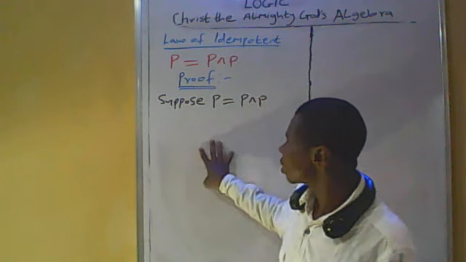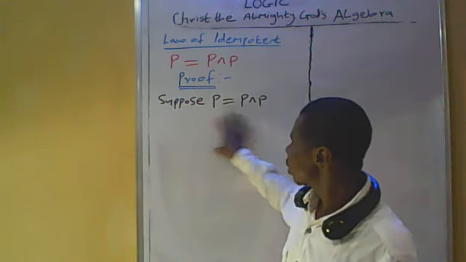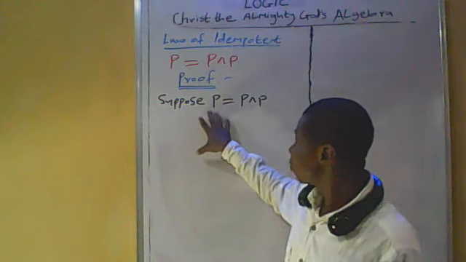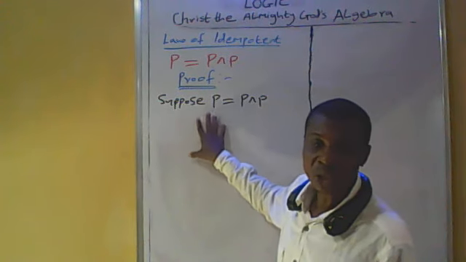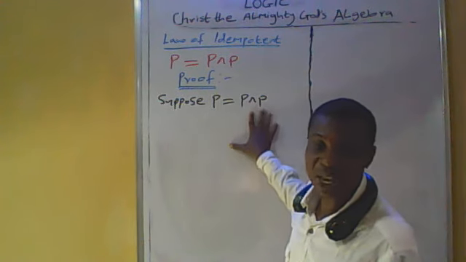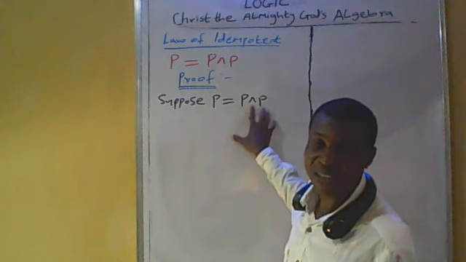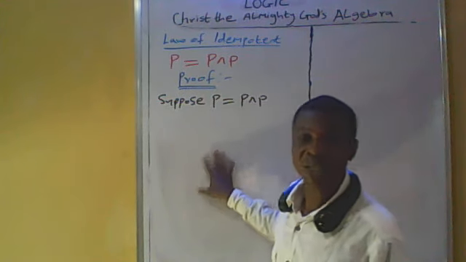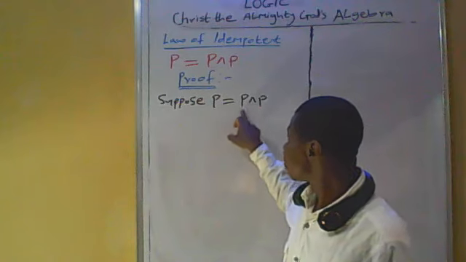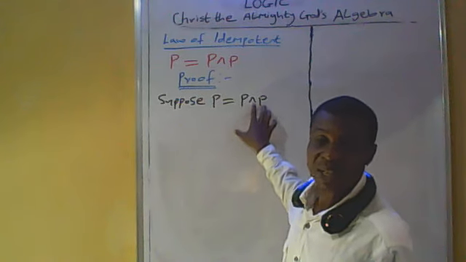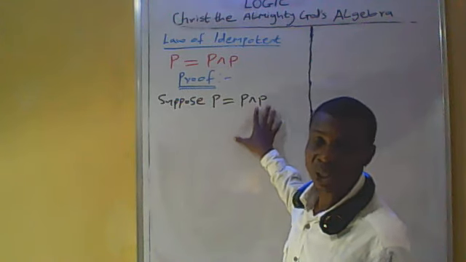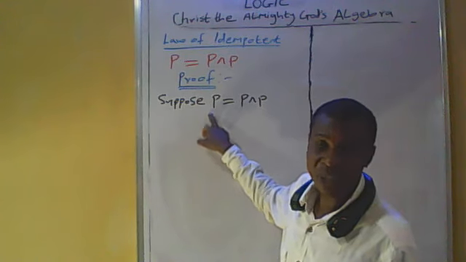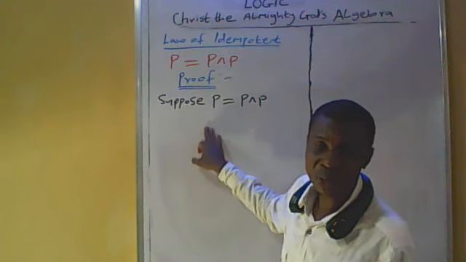And we say that in this statement, P equal to P and P, whenever P at the left hand side of the equation is true, also the P and P at the right hand side of the equation must also be true. In the same vein, whenever P and P at the right hand side of the equation is false, also the P at the left hand side of the equation must also be false.